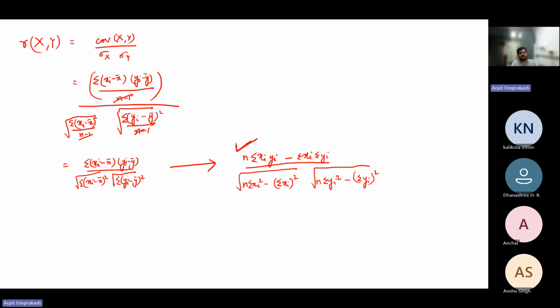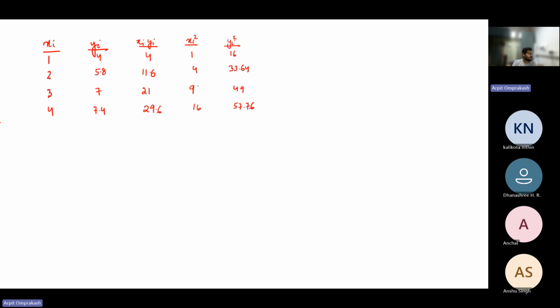So now we have all the elements that we need to make the calculation. So we'll just sum all of this. So this will be our summation xi, which will be equal to 10.